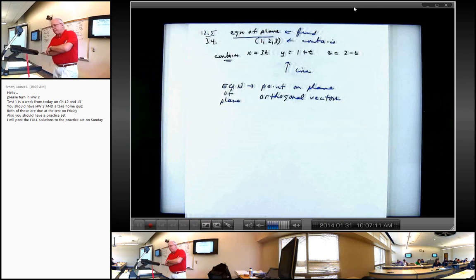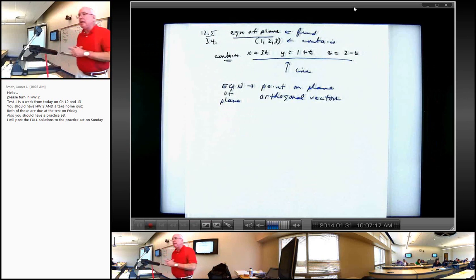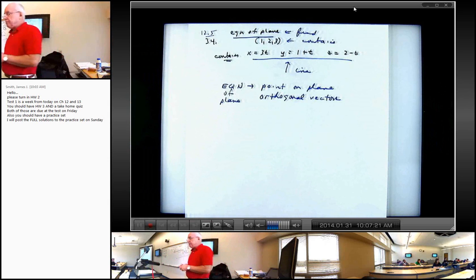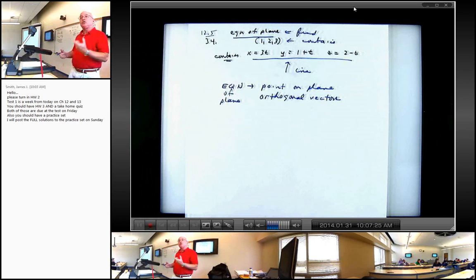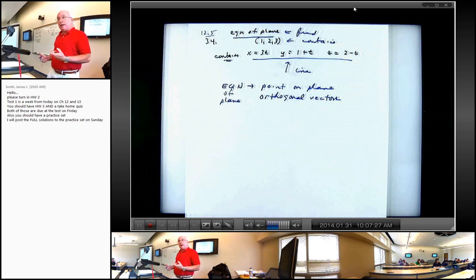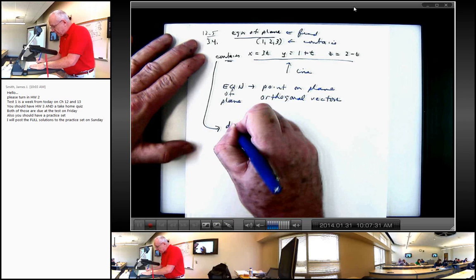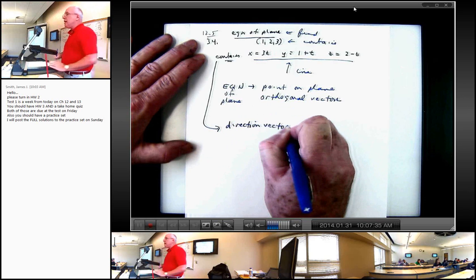All right, so let's see here. We know that this plane contains this line, which is described by this set of parametric equations. So this set of parametric equations gives us a direction vector of this line. What would be the direction vector of this line?